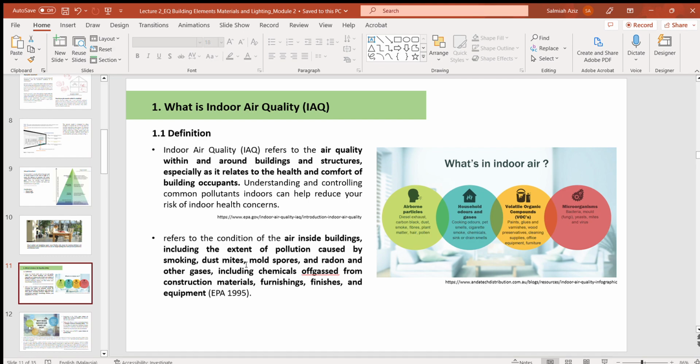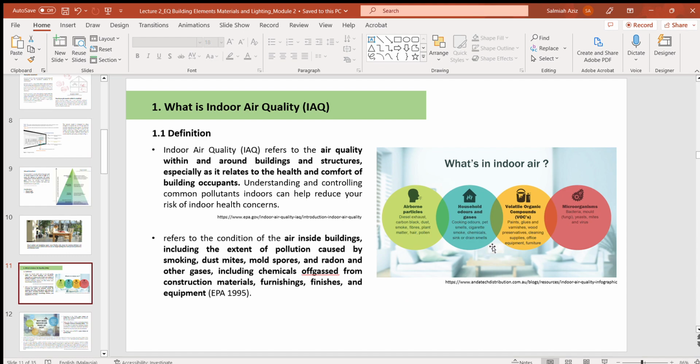In other words, it refers to the condition of the air inside buildings, including the extent of pollution caused by smoking, dust mites, mold spores, radon and other gases, including chemicals and gas from construction materials, furnishings, furniture, and equipment. So this is quoted by APA 1995.